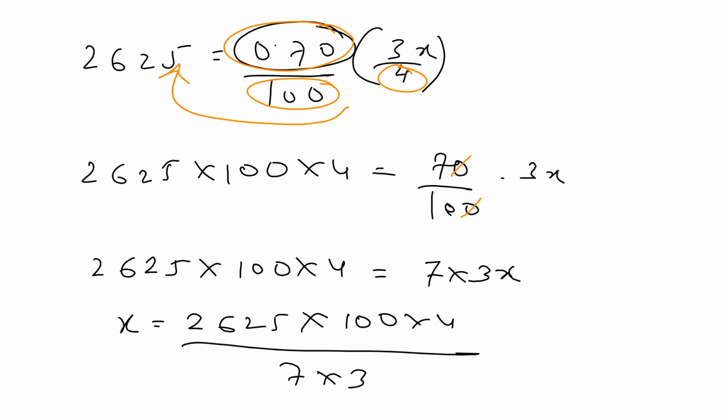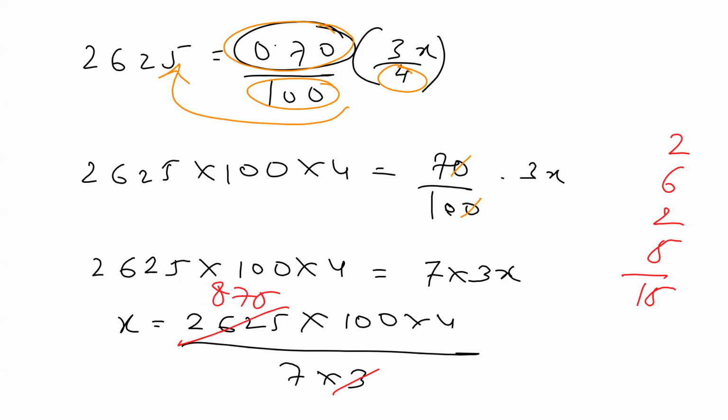Now, if you know the divisibility test of 3, is this number 2625 divisible by 3? The addition of the individual digits of 2625 will give you 15, which is divisible by 3. So 2625 is also divisible by 3. That's the divisibility test of 3. So what we have to do is divide 2625 by 3, so that gives you 875.